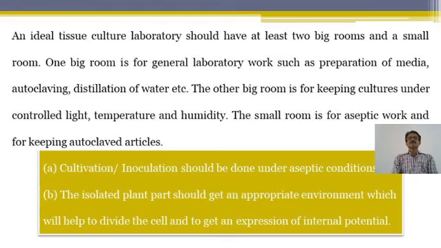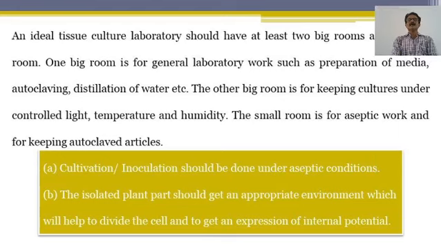We have to understand that maintenance, cultivation or inoculation should be done under aseptic conditions, otherwise bacterial or fungal infection will damage your experiment. Another point is that the isolated plant part should get an appropriate environment which will help that cell to divide and get its proper expression to form the specific seedling.